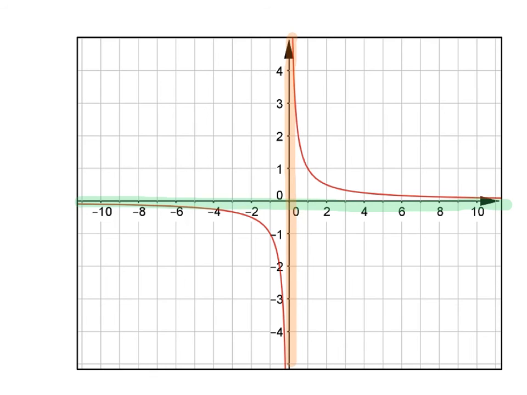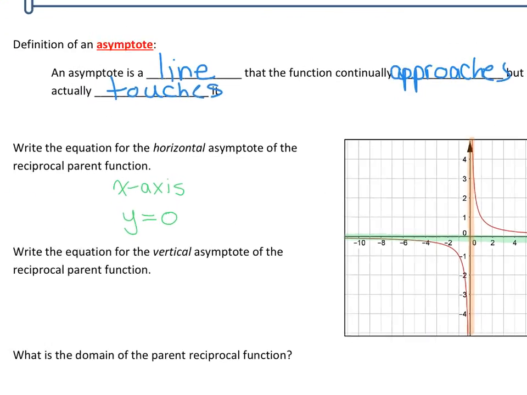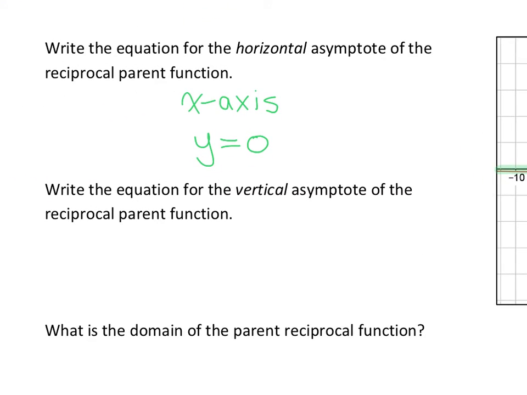So that is going to guide our graph, the range basically. As we approach that axis, our range is either going to be trending towards positive infinity, or our output is going to be trending towards negative infinity. So our vertical asymptote is the y-axis, and the equation of the y-axis is x equals 0.